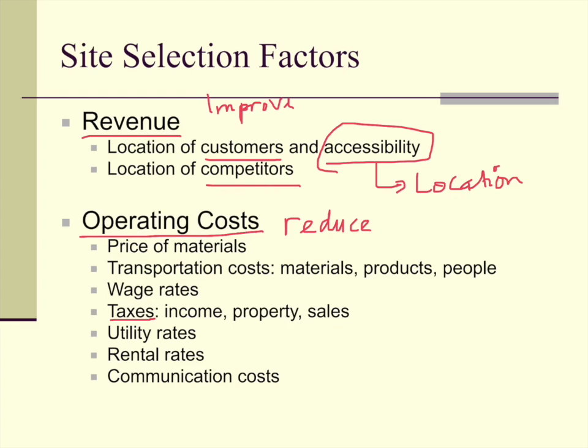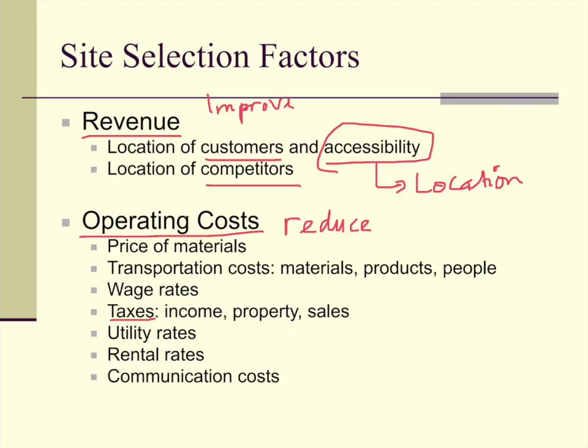Because of the operating costs, to reduce them, in Indonesia there are many companies that relocate their plant from Jakarta city to Boyolali city, because taxes in Jakarta might be much higher than in Boyolali, I think.